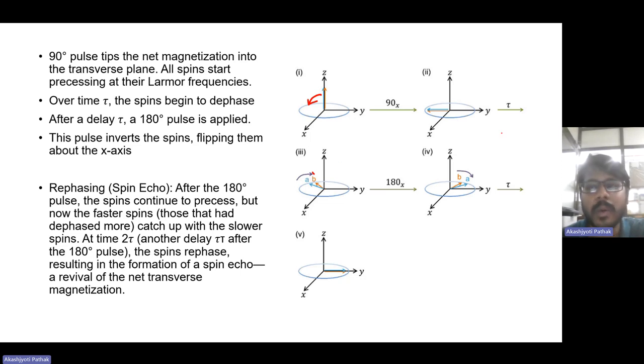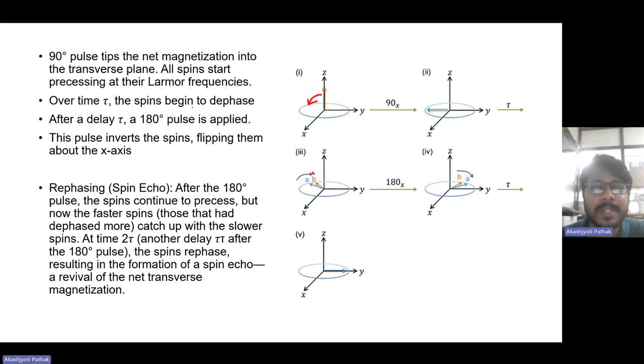In this tau second delay, the RF pulse is removed, and these nuclei will have their own precession frequency, and they will start rotating at their own frequency and moving in the XY plane.